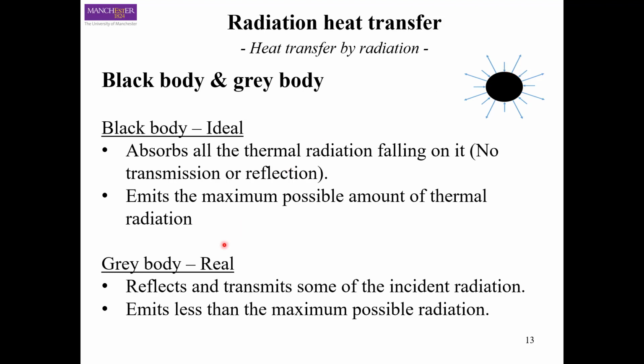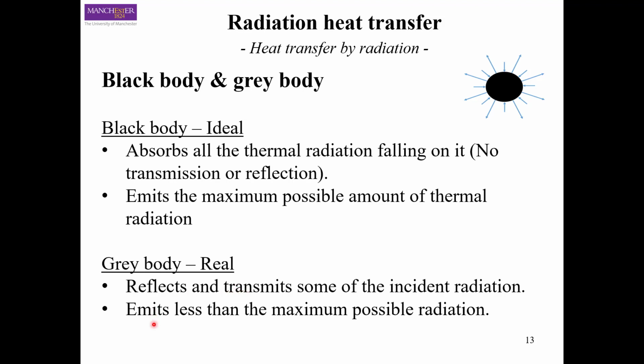While in reality, we have real bodies, and these real bodies are more common in nature. A real body is a kind of semi-transparent body. It reflects and transmits some of the incident radiation, and the rest gets absorbed, so the absorption of the radiation is not 100%.